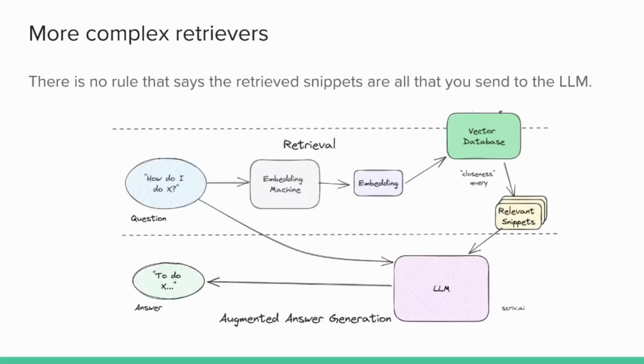In addition to playing with the embeddings, you can do more complex retrievers. Again, in our diagram, we took the snippets out of the database and sent them directly to the language model. But there's no rule that says you can't modify those snippets as they're going in between the database and the language model here on the right.